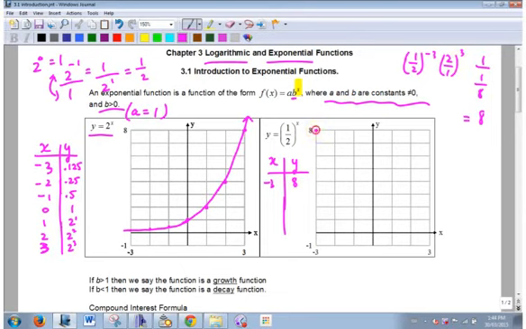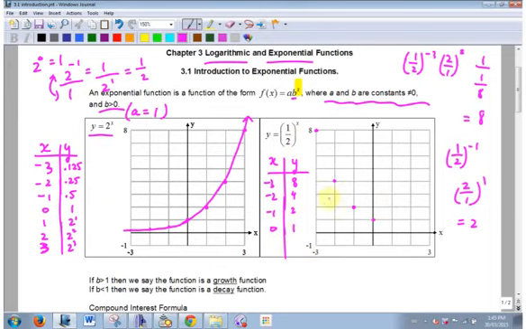Negative 3 is 8. So negative 2 is what? 2 squared over 1 squared, that's 4. Negative 1, whoop, 1/2 to the negative 1, flip them and make it positive. What's that? That's 2. Anything to the 0 power is still 1.